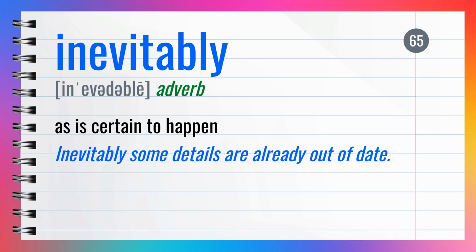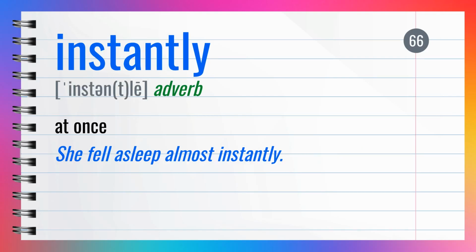Inevitably. Inevitably means as is certain to happen. For example, inevitably some details are already out of date. Instantly. Instantly means at once.